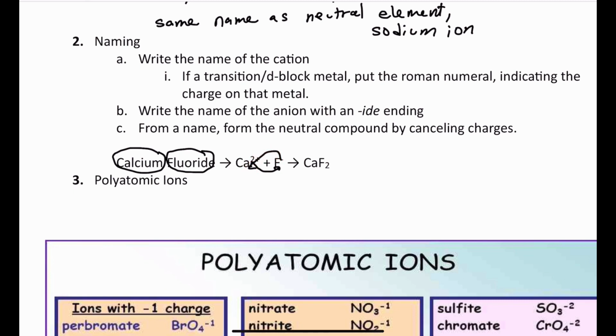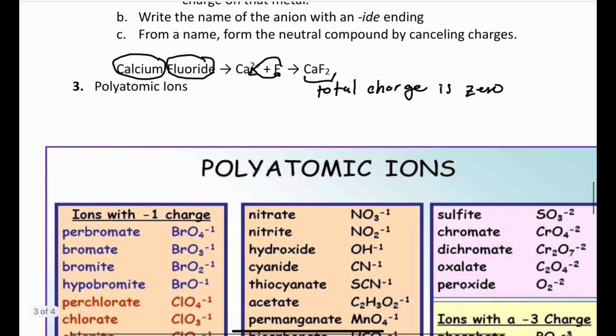So then basically the amount of F minuses we need to balance out 1 plus 2 is 1 to 2. And the thing about this is that its total charge is 0. It's neutral charge for the compound, but each ion has charge by itself.